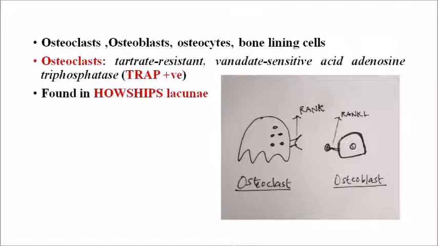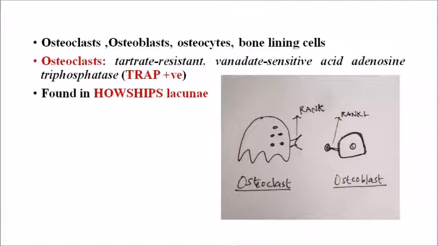When we discussed osteoblast and osteoclast, I would like to tell you one more thing. This RANK-RANKL concept you would have heard. We'll just make the concept a little clear and we'll wind up. Osteoclast is the cell which harbors a receptor known as RANK, that is receptor activator of nuclear factor kappa B. But for the osteoclast to bring about bone resorption, it needs the help of the osteoblast.